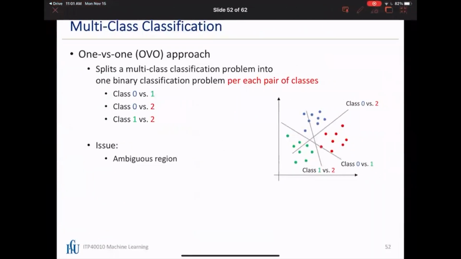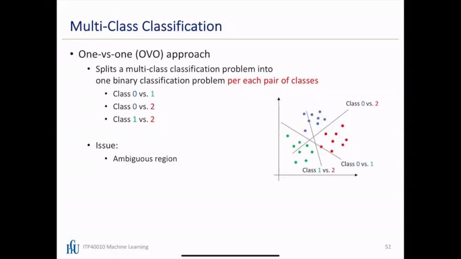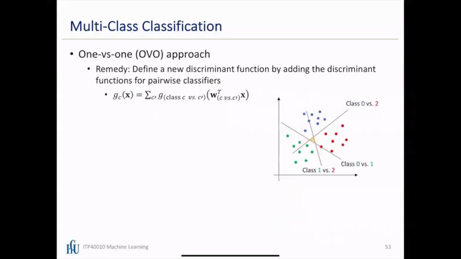Well, if you draw the decision boundary in this way, again, this is a logically valid idea, but you still have a problem where this area in the middle is claimed by all three classes. So it is again quite ambiguous to make a decision. This is called an ambiguous region again. One remedy is to define a new discriminant function by adding the individual discriminant functions that we obtained in the previous case.